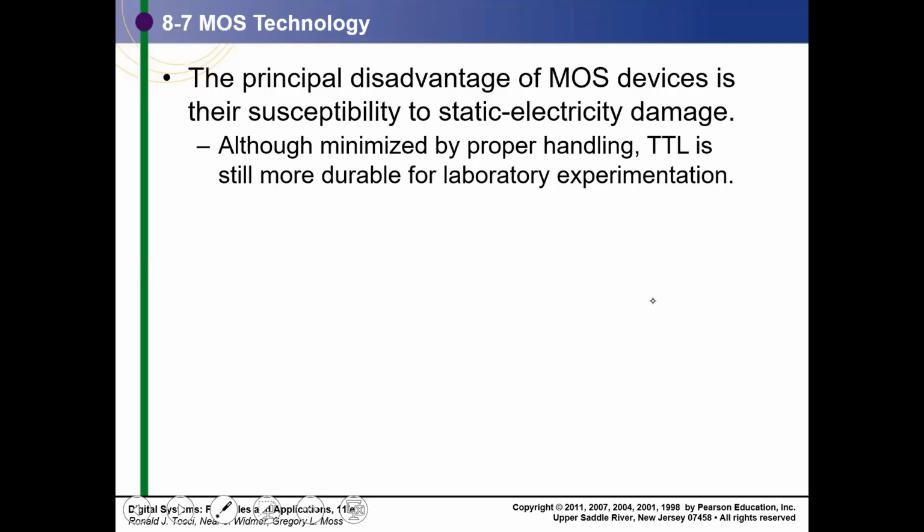At times you are combing your hair and you see a charge in your hair and the comb. Or even in winters, at times you open the door, and if the door handle is metallic, you feel a current which flows through you. So all this is electrostatic charge, and if that kind of charge comes on a MOS circuit, it just burns off the chip.